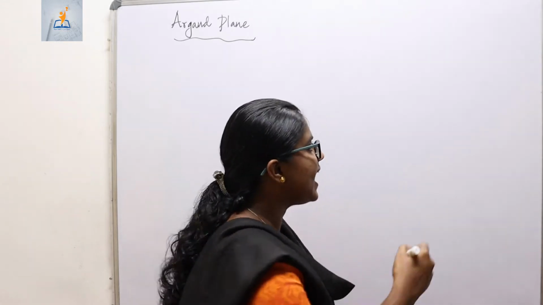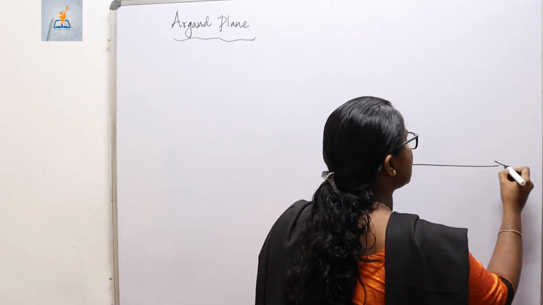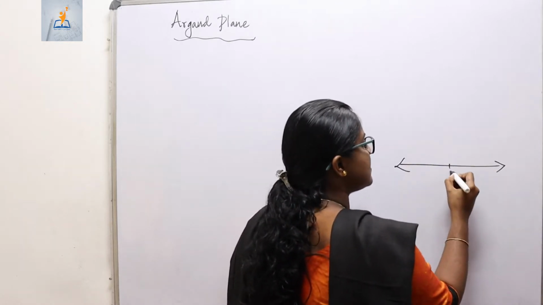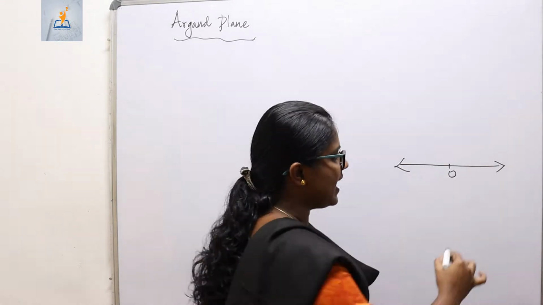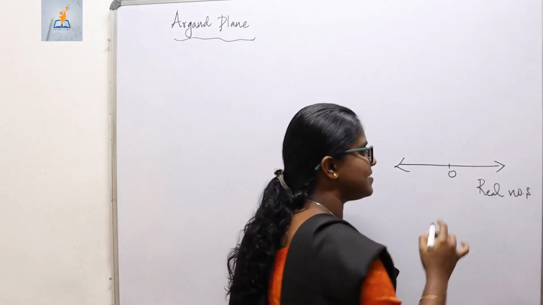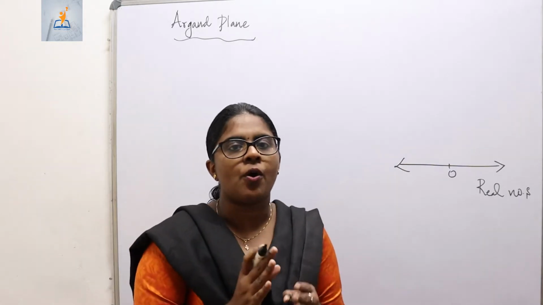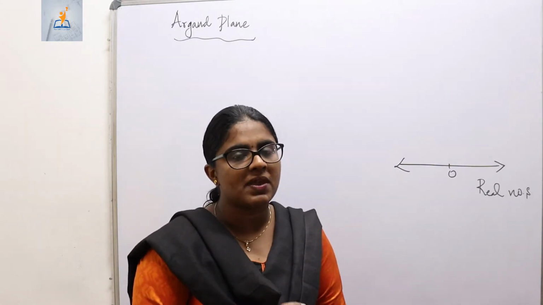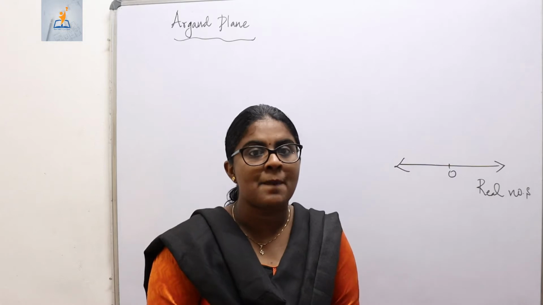We know that real numbers are always represented in a real line. All the real numbers can be represented in this real line. Then how will we represent complex numbers? All the complex numbers can be represented in a plane.